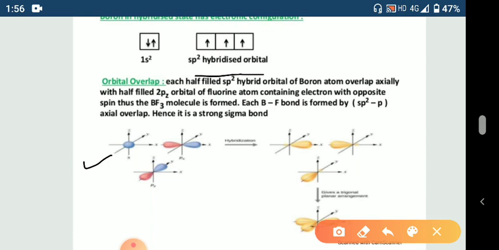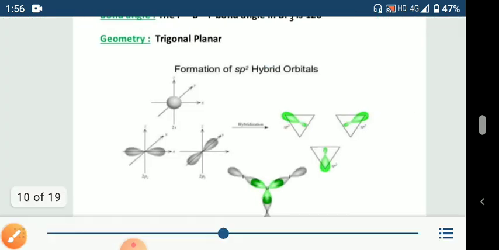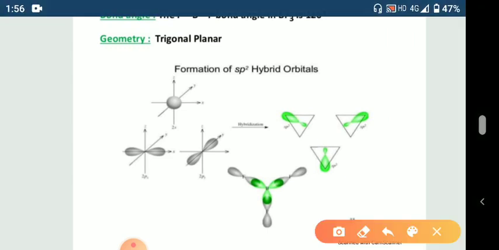The 2s and 2p undergo hybridization resulting in the formation of sp2 hybridized orbitals. So it has trigonal planar geometry and a bond angle of 120°.